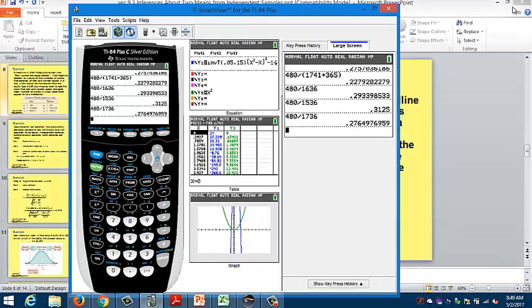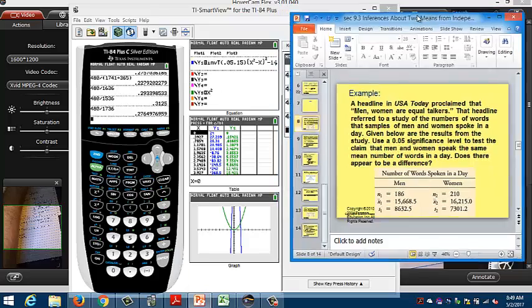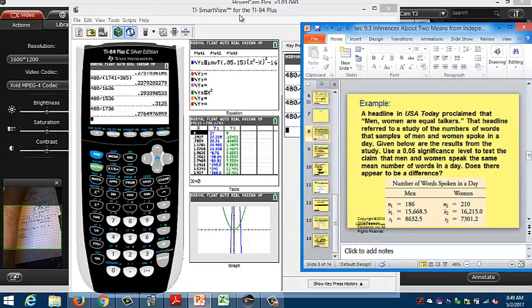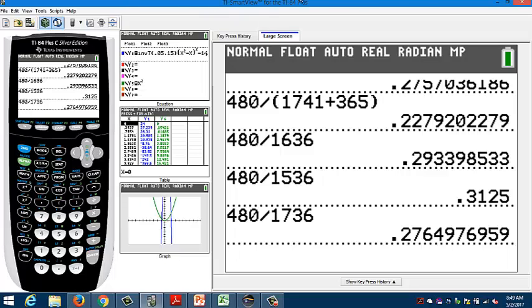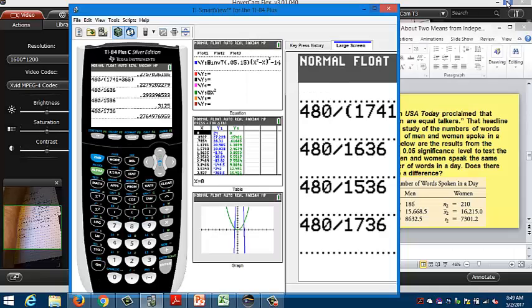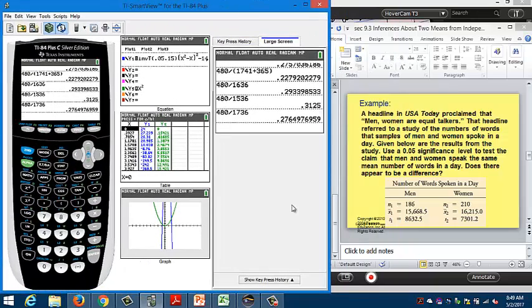Oh, yeah, that's not a bad idea. Of course, if the PowerPoint gets too small, then you can't see the data anyways. Let's do that.